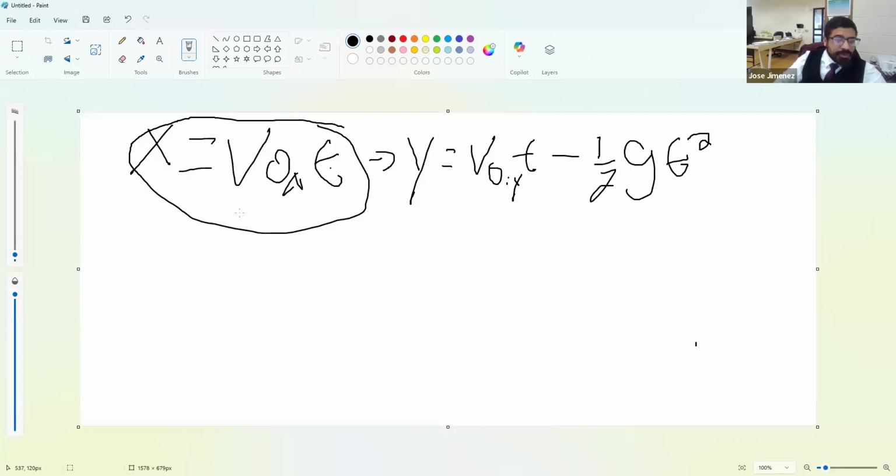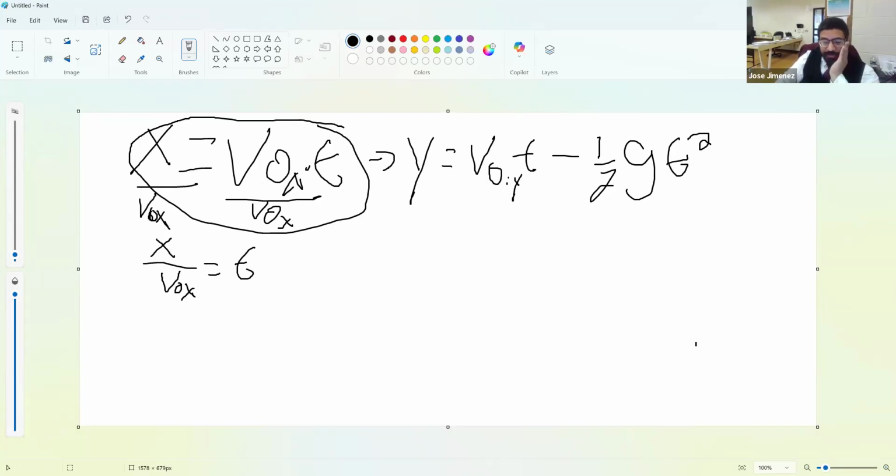So how do I do that? Well, the first thing I see is that I have v naught x times t, so I'm just going to divide by v naught x on both sides. And I'm going to get t equals x over v naught x. Now I have a form for t, and I'm going to take that and plug it inside of y.